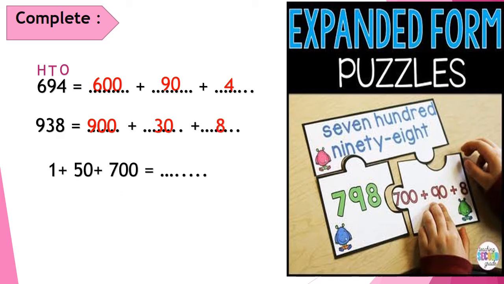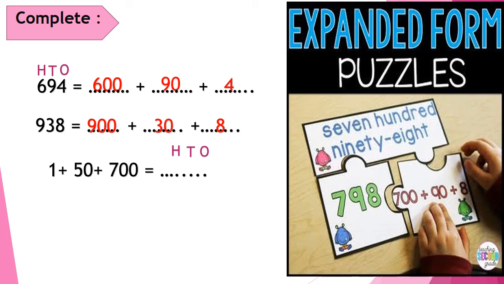Number 3, 1 plus 50 plus 700. We have here the expanded form and we want to write the standard form. Then we will put ones, tens, hundreds. This 1, does it have any zeros? No, so it belongs to ones.